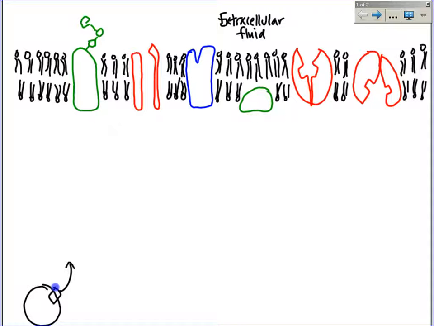Well, we could say intracellular space, or intracellular fluid. Another name for the intracellular fluid, we could have called it cytoplasm. Okay, so either one's fine there. So this is inside of the cell, and then up at the top is outside of the cell. We're only drawing one little section.